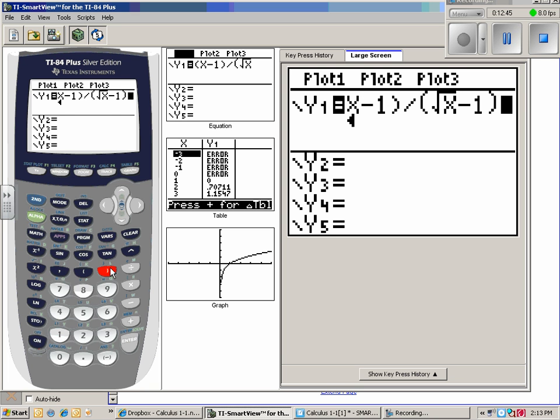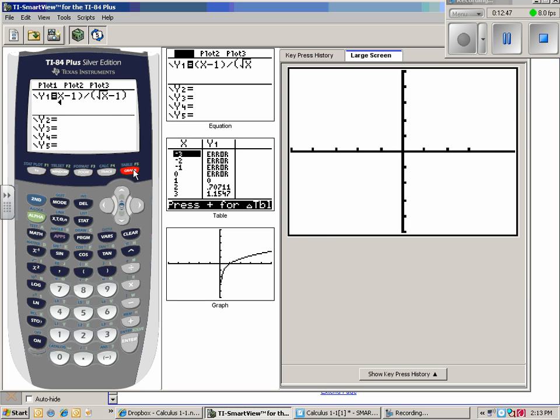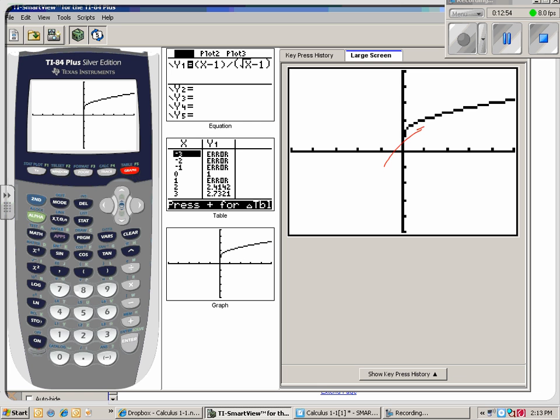Okay, so there's my graph, and there's a picture. Again, remember, I'm looking for what's happening close to 1 on either side.